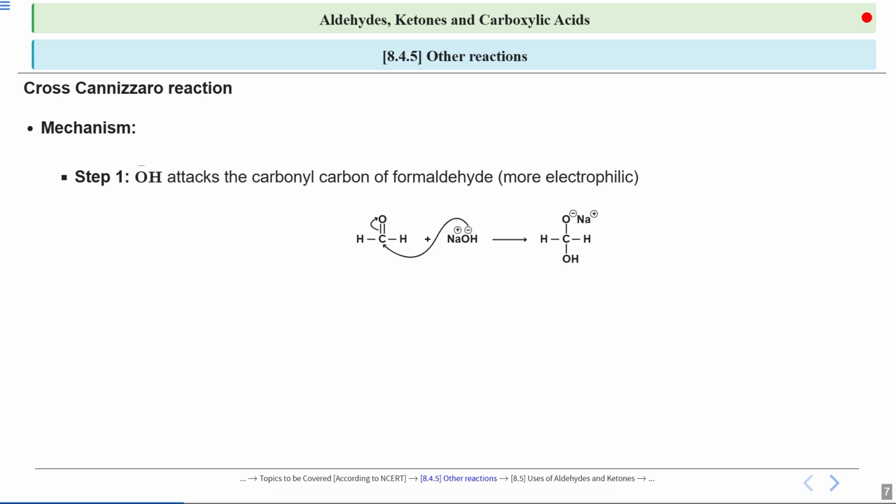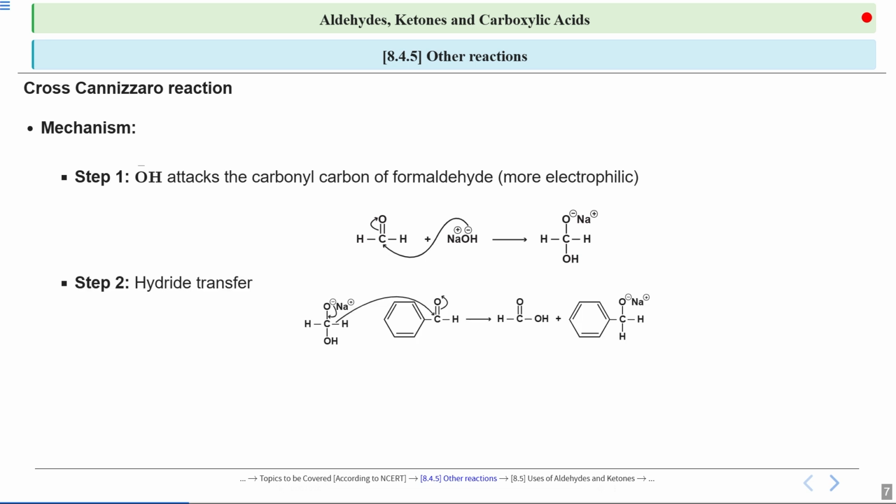In formaldehyde there is a carbonyl bond, and oxygen being more electronegative withdraws the shared pair of electrons towards itself, so the carbon is electrophilic. So the OH minus ion will attack that electrophilic carbon of the carbonyl group and form the tetrahedral intermediate. So this is happening in step 1.